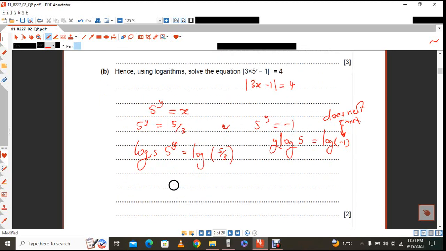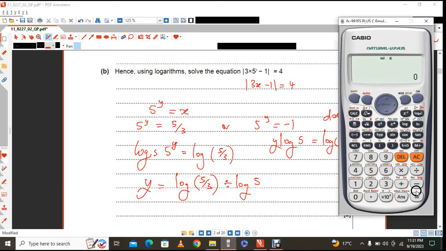So you can go ahead and say y equals log of 5 over 3, divided by log 5. You can grab your calculator and work it out. So you say log of 5 upon 3, divided by log 5, which of course gives you 0.317.